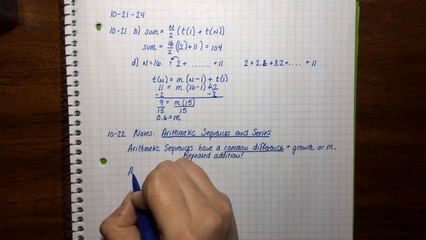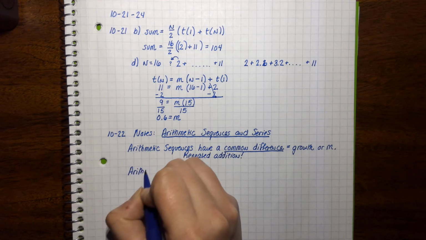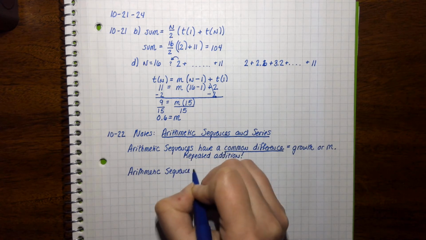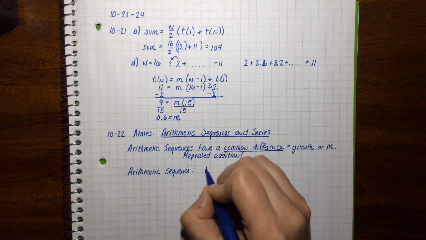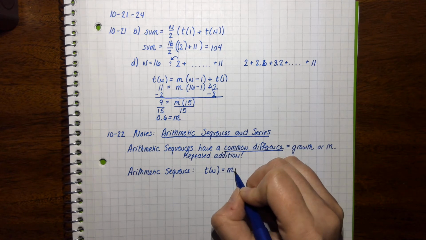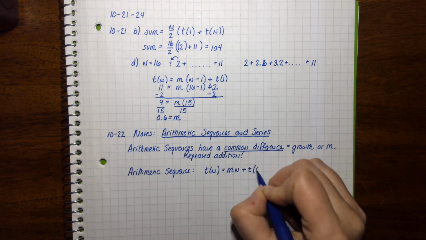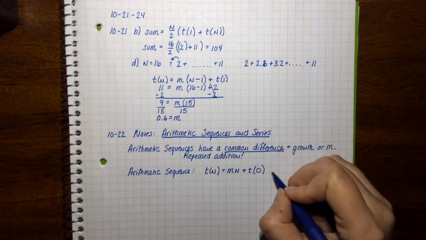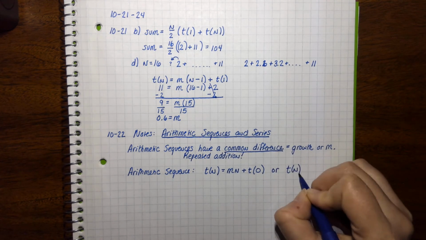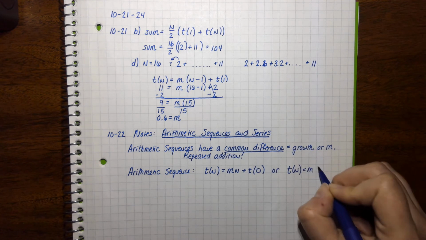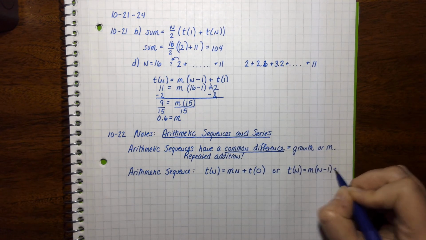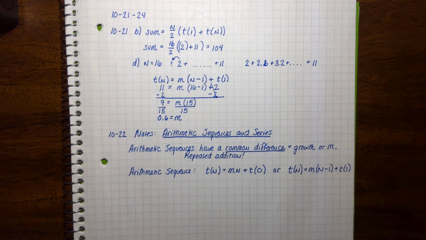Arithmetic sequences have a couple of formulas. t of n equals growth n plus 0th term, or the one that we've been using lately, t of n equals growth times (n minus 1) plus the first term.